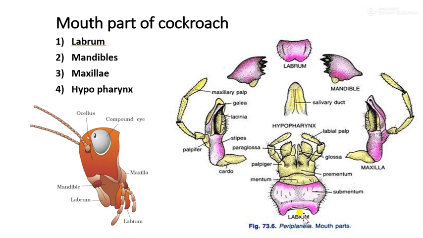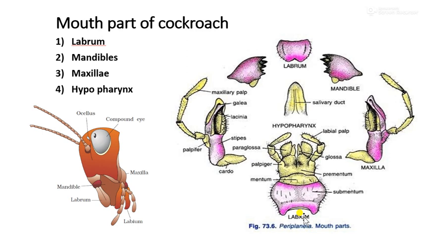It has a proximal postmentum divided into a large submentum and a small, poorly sclerotized mentum. The distal part of the labium is a paired structure resembling a pair of maxillae united at their bases. It consists of the prementum below the mentum, and on each side it has a three-jointed labial palp.